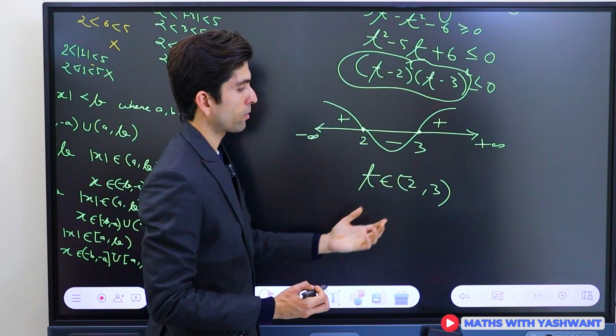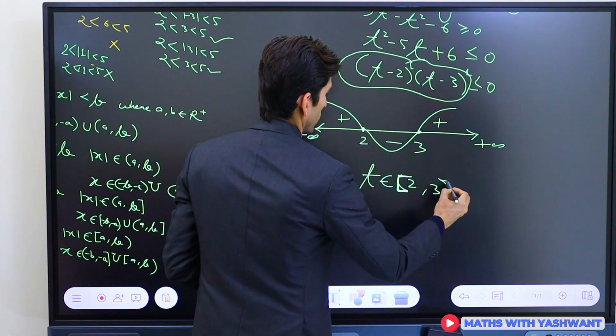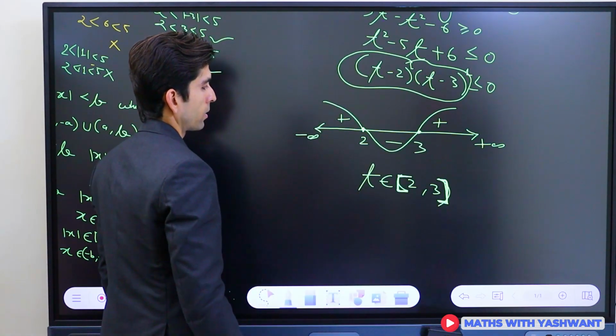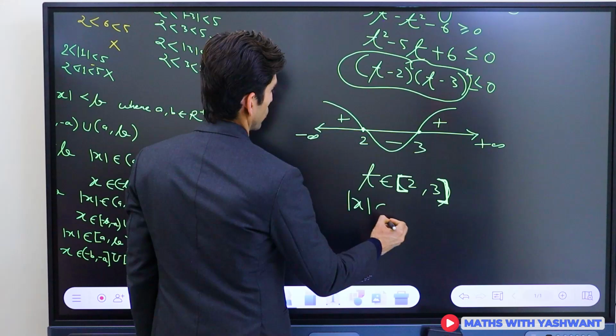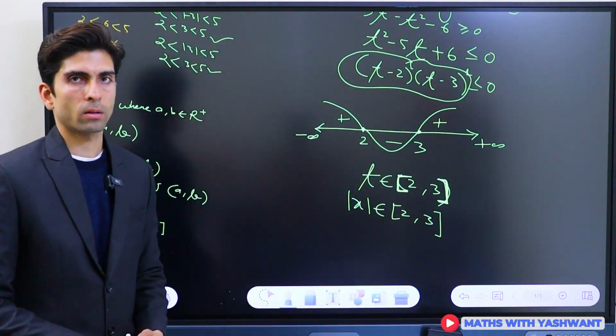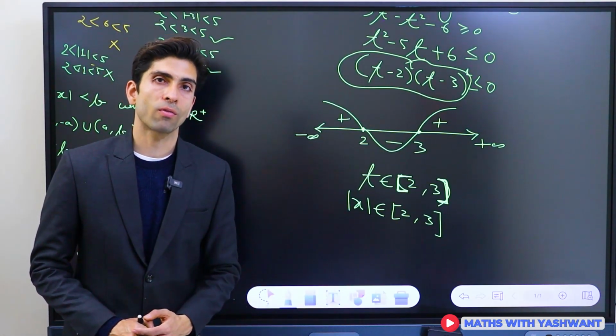To include 2 and 3 in our solution, we simply make these round brackets square brackets. So now 2 and 3 will be a part of the solution. And t is actually mod of x, so mod of x is in [2, 3]. But we want the values of x, because x is the variable in the original functional expression, and the values of x will be the domain.